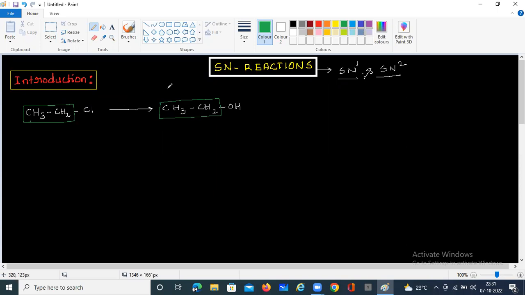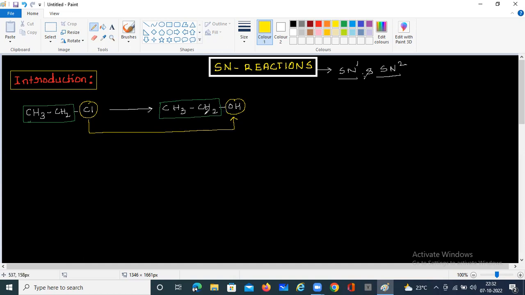So what is going to differ here? Just this one: the chlorine atom of the substrate and the hydroxy group of the product differ, isn't it? So here chlorine is going to be replaced with OH, that means the hydroxyl group.